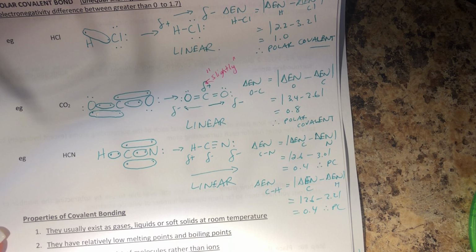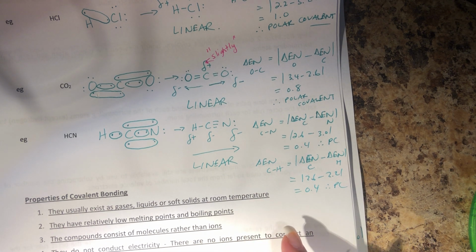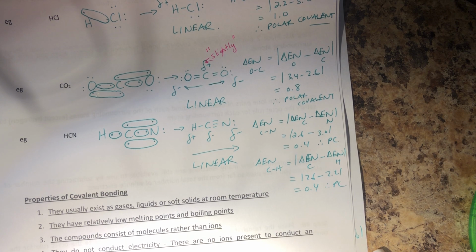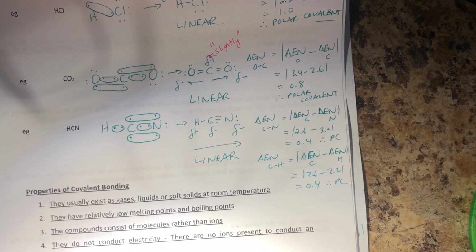So what are some properties then of covalent bonds? Because of the type of bonding, they can exist as gases, liquids, or soft solids at room temperature. Remember that ionic compounds were crystals, right? They weren't forming these different states. And they have relatively low melting and boiling points because the bonding isn't as strong as ionic, right?